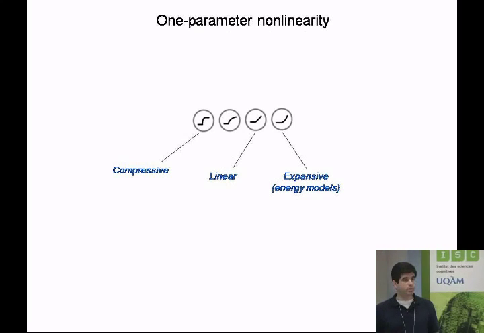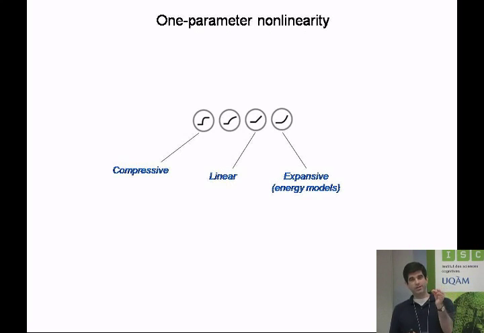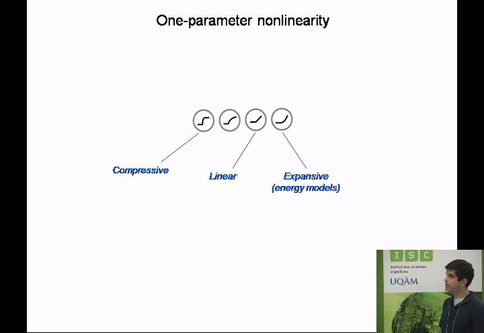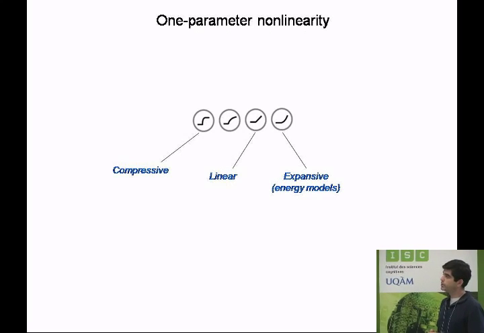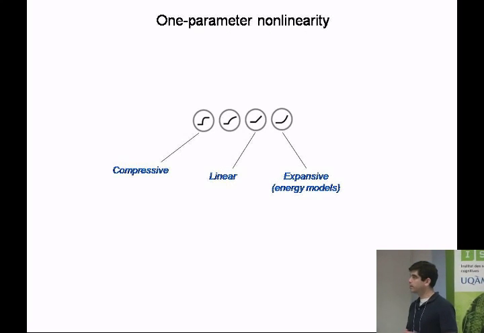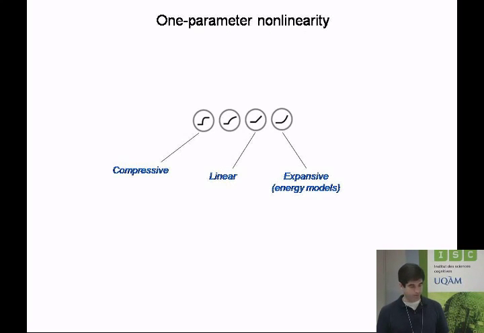The reason we think this will work is recall that the thing that your inhibitory influence has to act on is exactly the same thing that the excitatory influence acts on. So essentially, it's just changing the final output of each subunit, and that would be consistent with a compressive nonlinearity. People very often use expansive nonlinearities in their models. These are the popular energy models. And of course, a linear model is something that could conceivably work, but who knows?